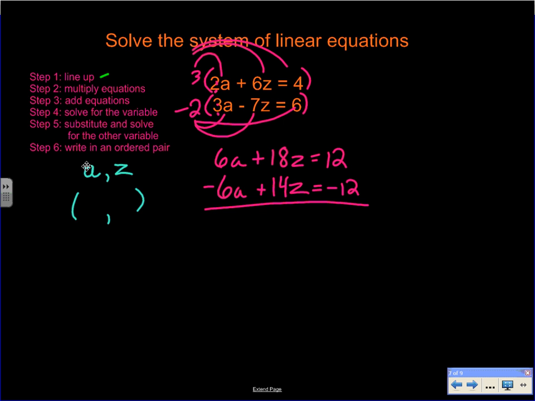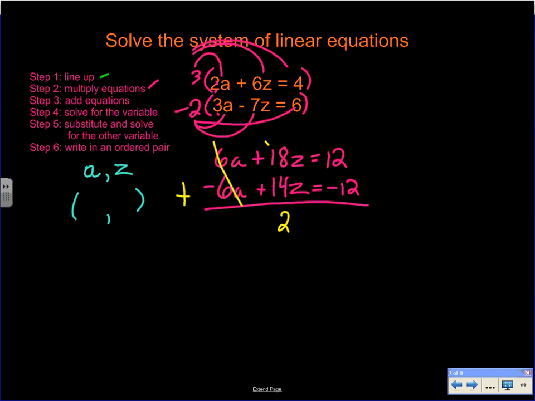All right, step 2. We have step 2 done. It says multiply one or both of the equations if needed, or we could have multiplied none if needed. That's what that "if needed" meant. Step 3, add the equations. Hey, we're there. We can add equations. Let's bring back yellow. There we go. 6a plus negative 6a cancels out. 18z plus 14z. Well, we know 8 plus 4 is 12.